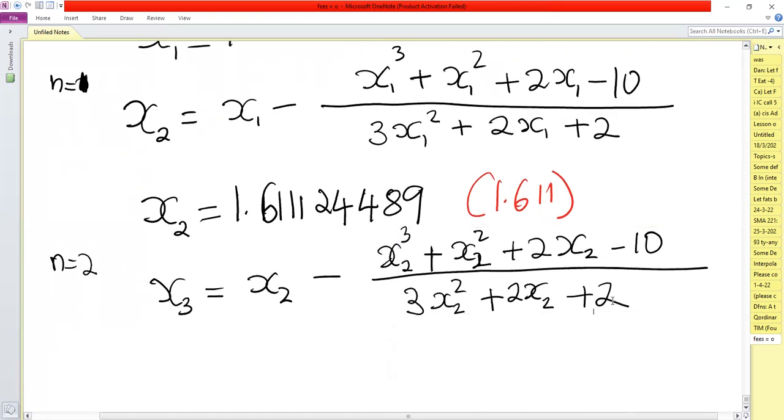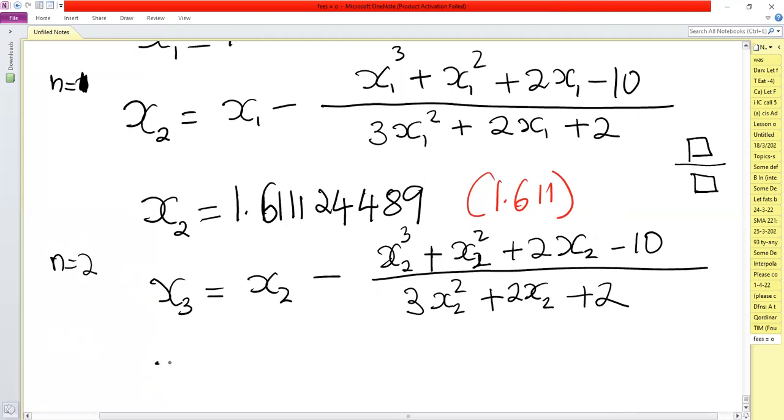So with the answer you got for x2 as 1.611124489, you key in answer and then the minus sign, then the fraction button, then answer cubed, plus, answer squared, 2, answer, minus 10, and then go to the denominator, key in 3, answer squared, plus 2 answer, then plus 2.